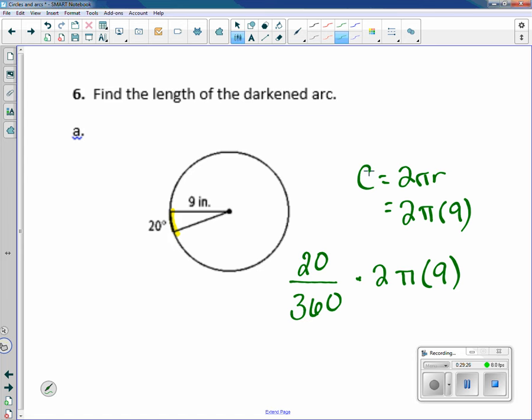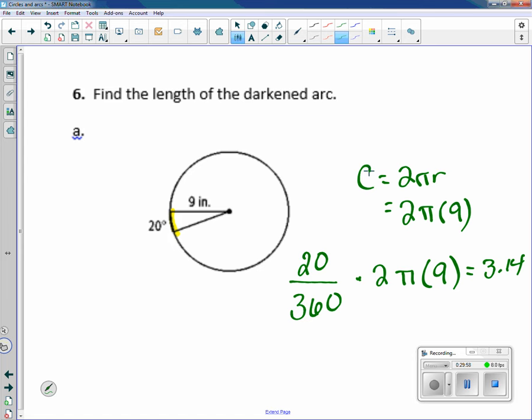In your calculator, this is what you put: 20 divided by 360 times 2 times 3.14 times 9, and then enter. Did you get 3.14? Because that is 20 degrees of the 360. Everybody needs to punch that in your calculator right now. I gave you the answer, but you need to punch it in so you can practice.